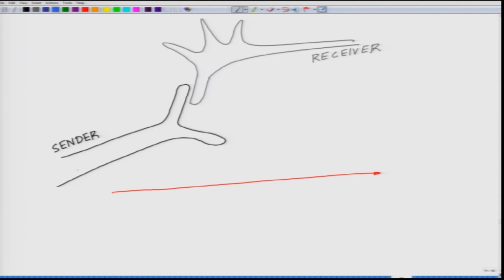So, the electrical wave traveled all the way in the form of action potential out here. So, you have a series of neurotransmitter-laden vesicles which are present here. These are all filled with neurotransmitter. These black dots are showing the neurotransmitter-laden vesicles.